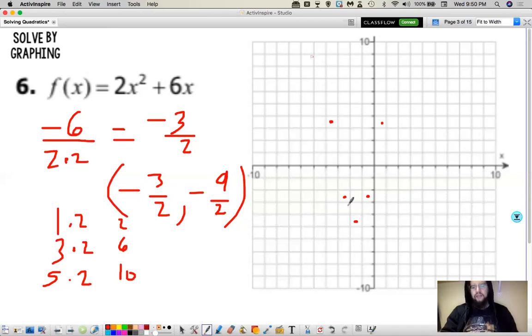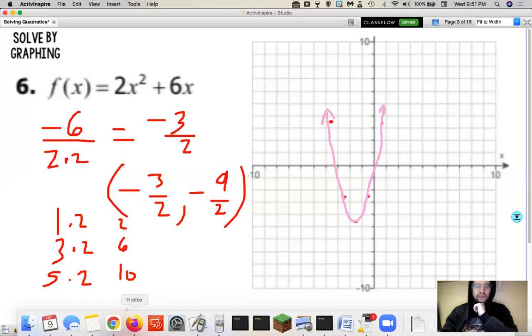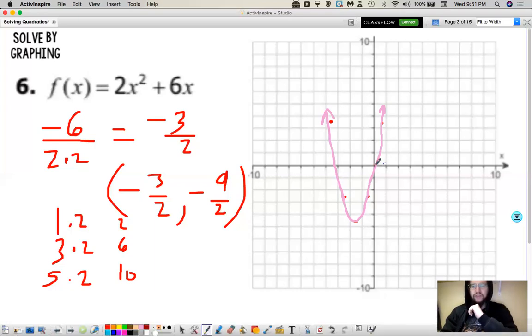Okay, so I'm going to graph this. I'm going to use a different color so I can see where points are. Okay, and if I graph that, it crosses the x-axis like, blue, hey, here-ish and here-ish.